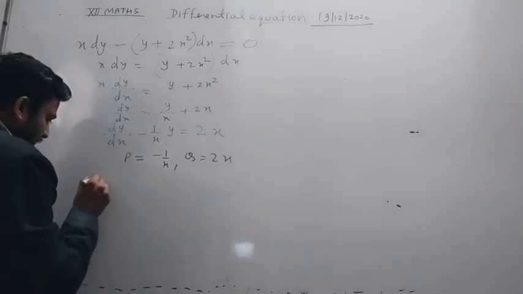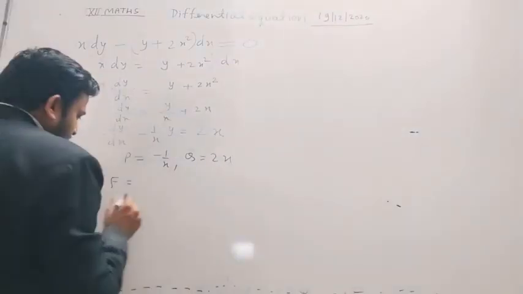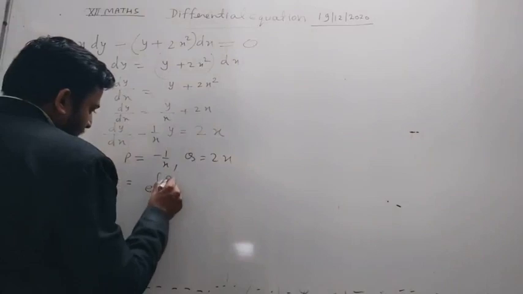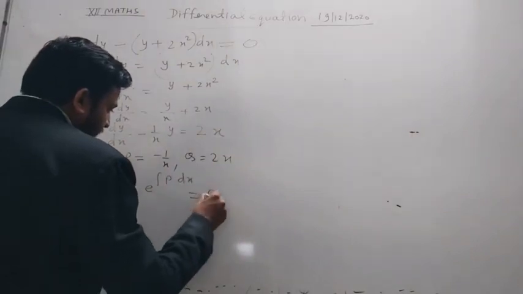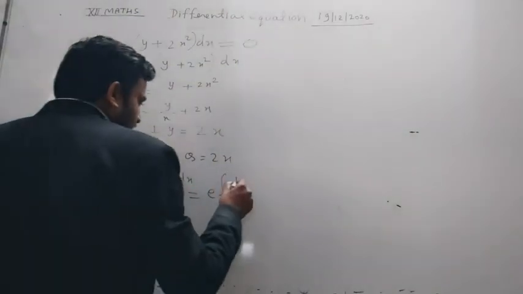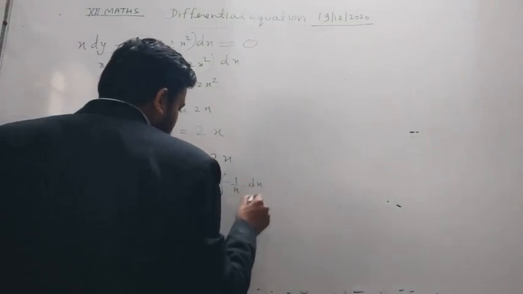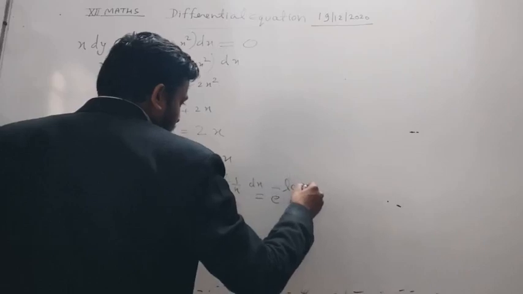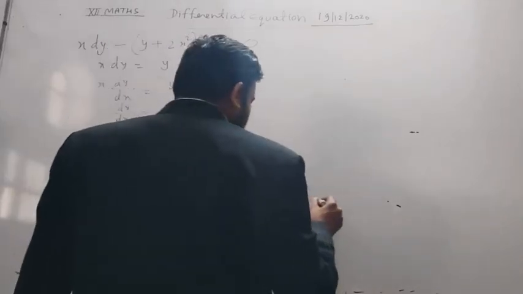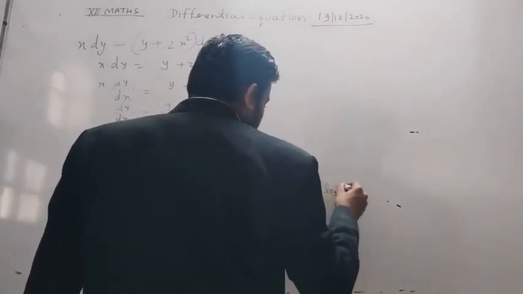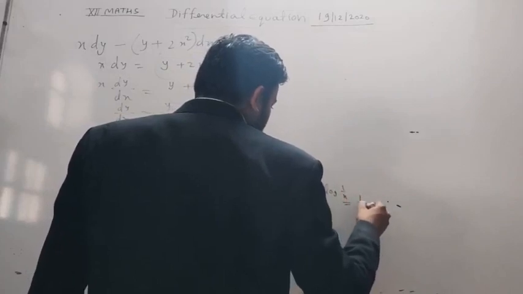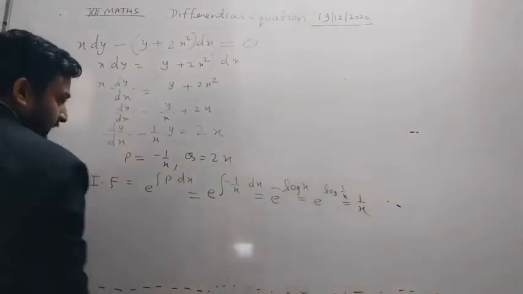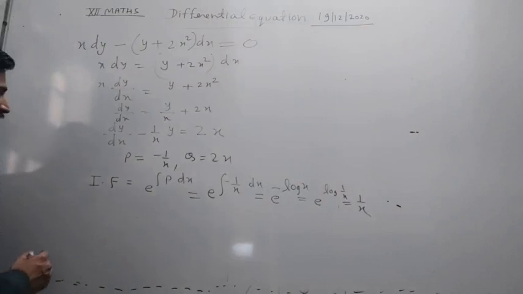Now find out the integrating factor, which is e to the power integral of p dx, and p is minus 1 by x, so this is e to the power minus log of x. So we can write e to the power log 1 by x, which is 1 by x. So integrating factor is 1 by x.